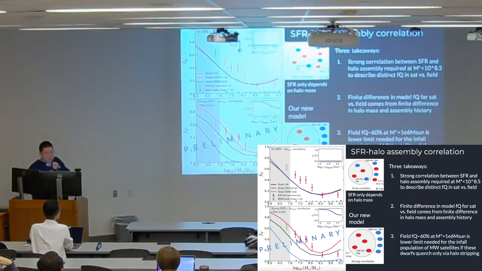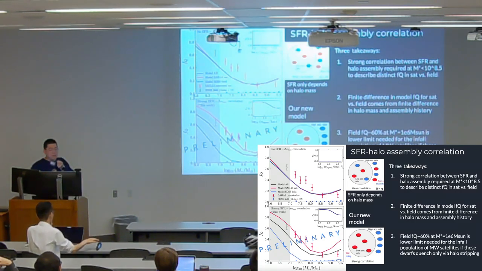So what this implies is that if you really extend this model down to 10 to the 6th, where there are absolutely no observations yet, 60% of the field halos need to quench before they come into a Milky Way mass setting to account for the 90% quenched objects at 10 to the 6th within the Milky Way. Otherwise, halo quenching or environmental quenching alone via halo stripping isn't enough.